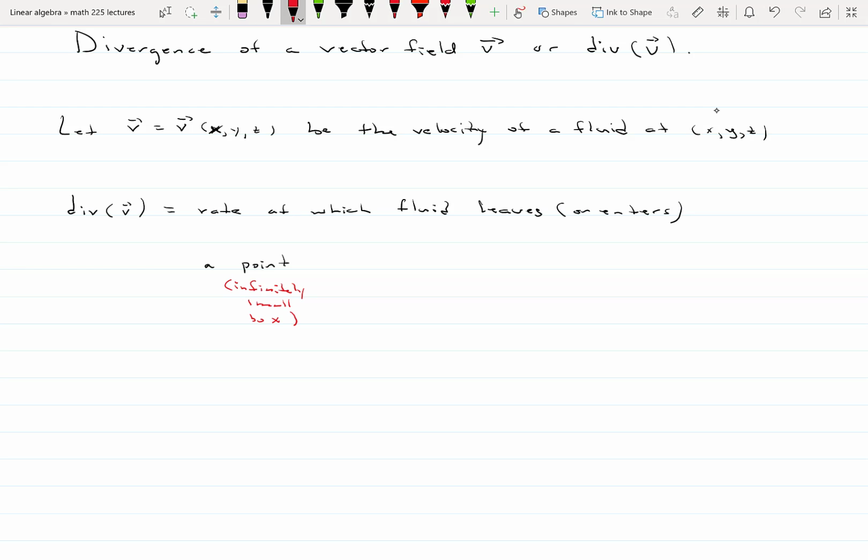So think about the divergence of V as the rate at which fluid leaves or enters, but we'll think leaves, a point or a really tiny box that contains the point x, y, z. And here's where it gets a little strange, if it's not strange already. Per unit volume, and you can think about the unit volume as enclosing that point. I'm going to try to make this more clear in a second.